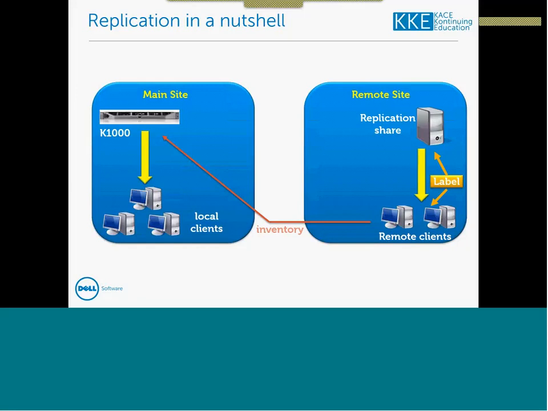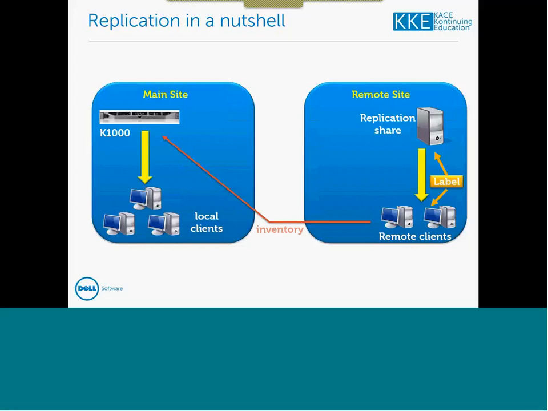Finally, and this is very important, the machines which are at the remote site still need to be able to connect to the K1000 as the central location. So using a replication share is not possible if there is no connection between the clients at the remote site and the central K1000.